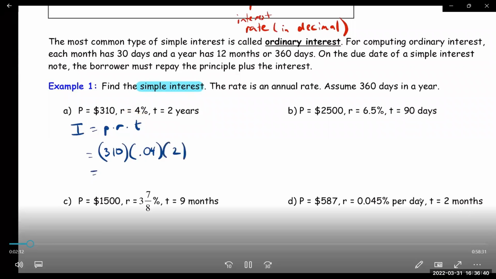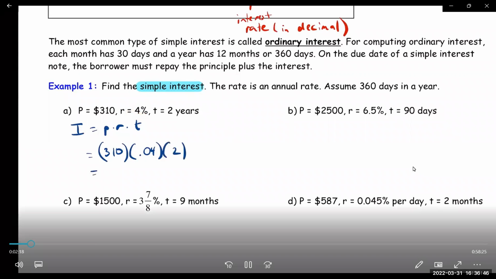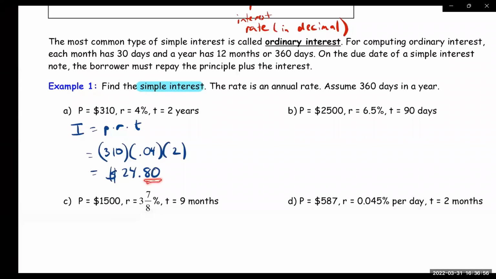And now you can use your calculators to figure out how much interest there is. So 310 times 0.04 times 2 is 24.80, because you need 2 decimals to represent a dollar amount, or the cents. So the interest is going to be a total of $24.80.